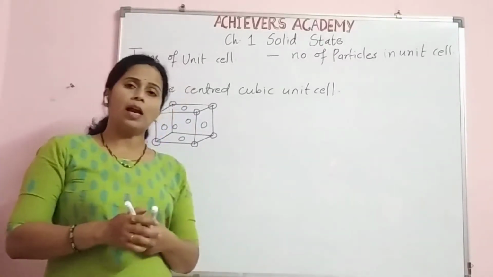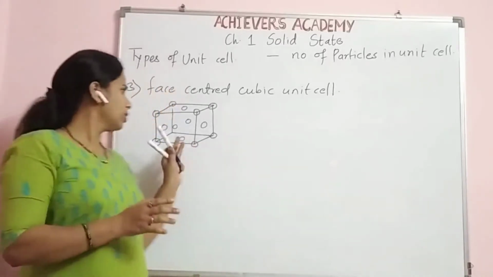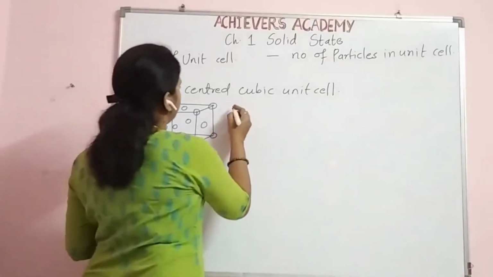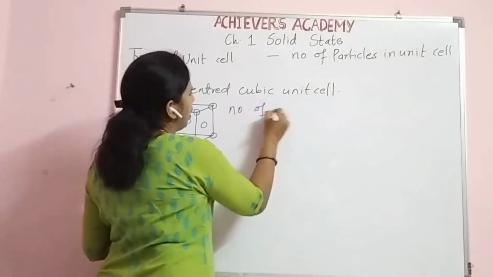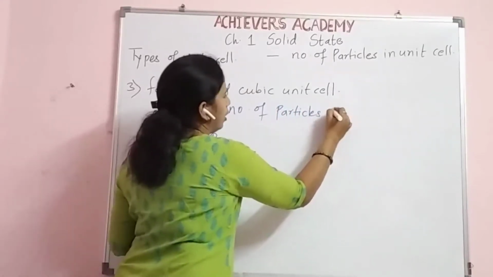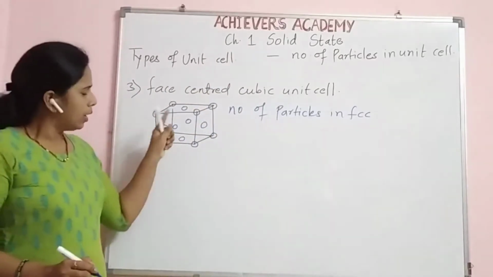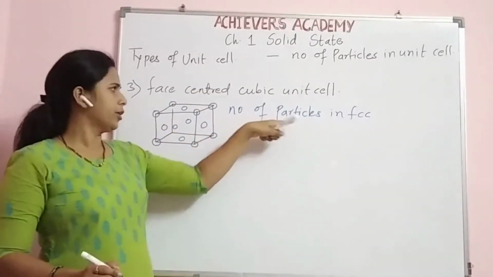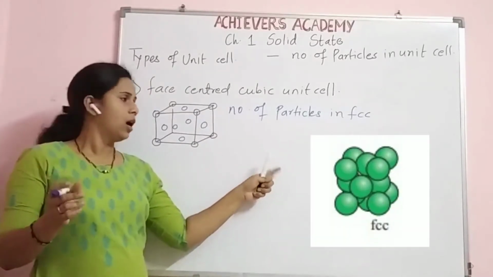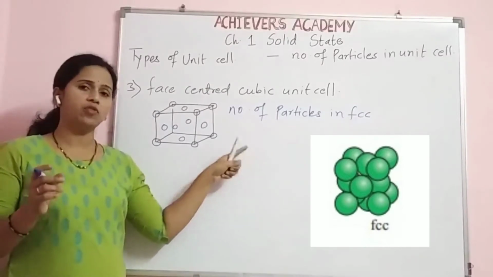Now if you want to calculate the number of particles present in the face centered cubic unit cell, we have to see the number of particles in FCC. Before calculating, just see this diagram, where you will understand how particles are present at each corner as well as at each face.